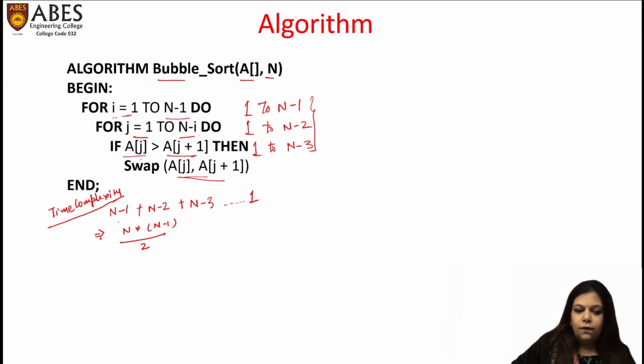This is an AP series, and the sum comes out to be n(n-1)/2, which is nothing but n square by 2 minus n by 2. This function can be represented with asymptotic notations. As the highest order of n is 2, it can be given as O(n square).